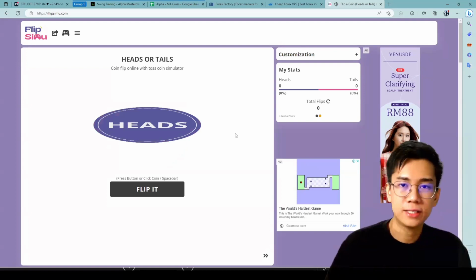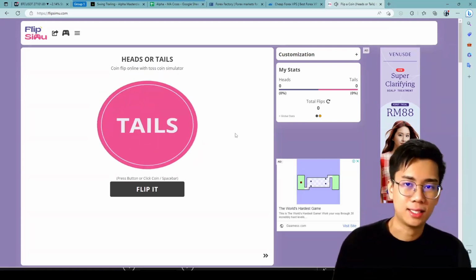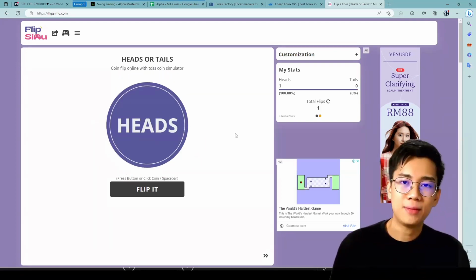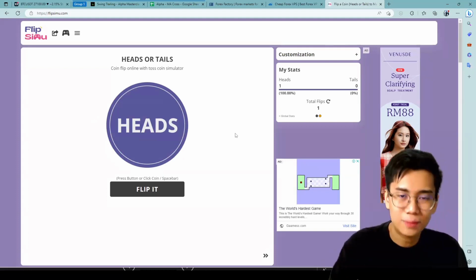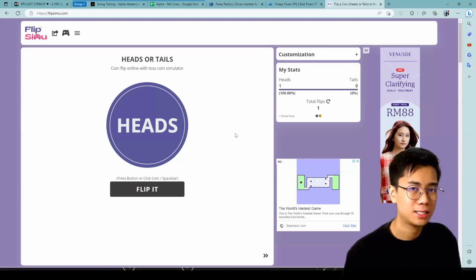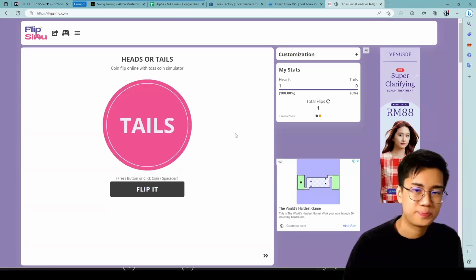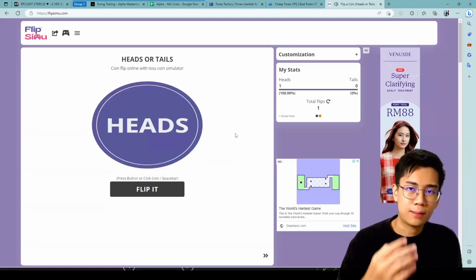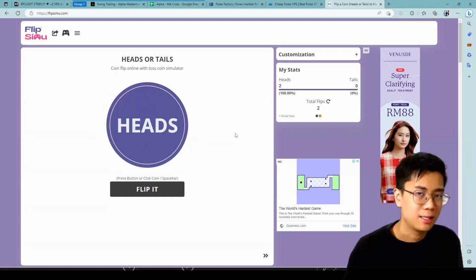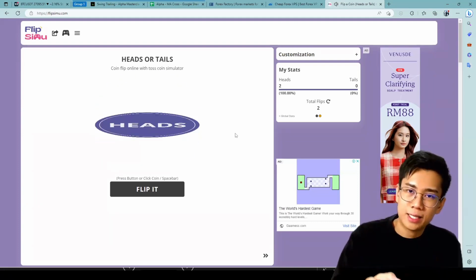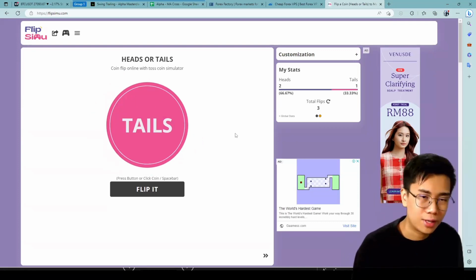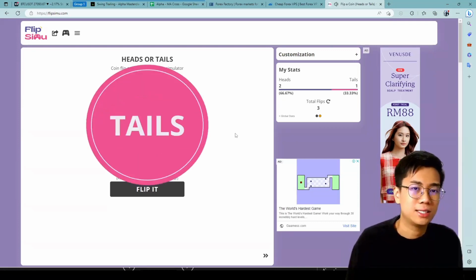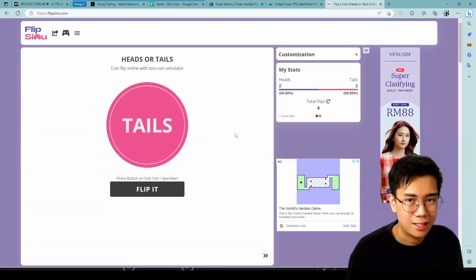So when my first flip, the result that turns out is head. Does that mean that the next flip, 100% is going to be tail? No, right? So I can flip again. It could come out to be head again. And if I flip again, does it mean that there will be a higher chance to get tail? Also no, right? The chance remains 50-50.